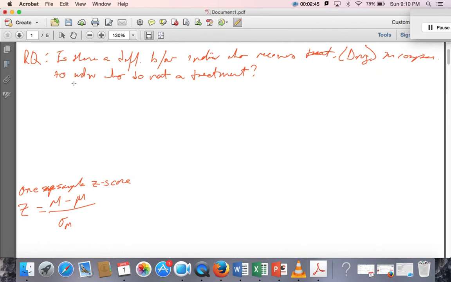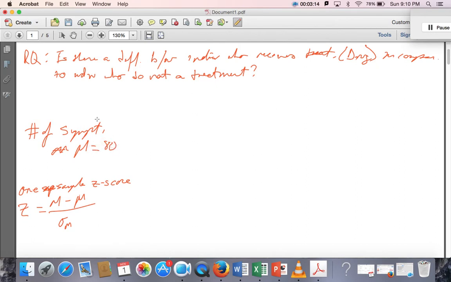So in our particular case, let's say for instance we know from previous research that individuals who don't receive a treatment on a specific type of disorder display, in terms of the number of symptoms associated with their disorder, an average for a population equal to 80.